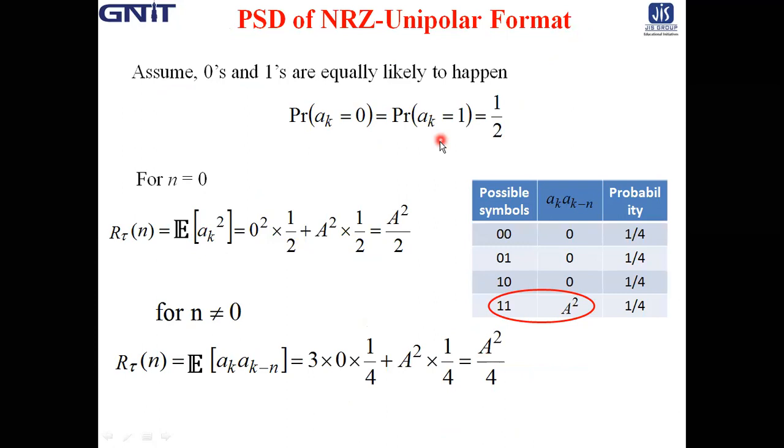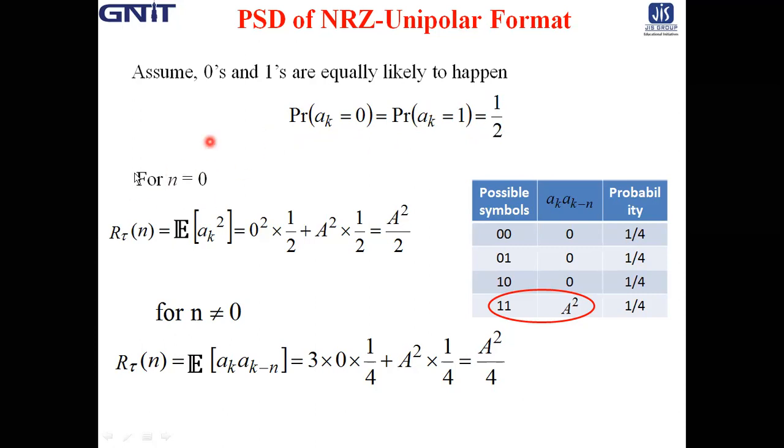For simplicity, let us assume that zeros and ones are equally likely to happen, or have equal probability. Therefore, the probability of a_k equal to 0 is the same as the probability of a_k equal to 1, which is half.